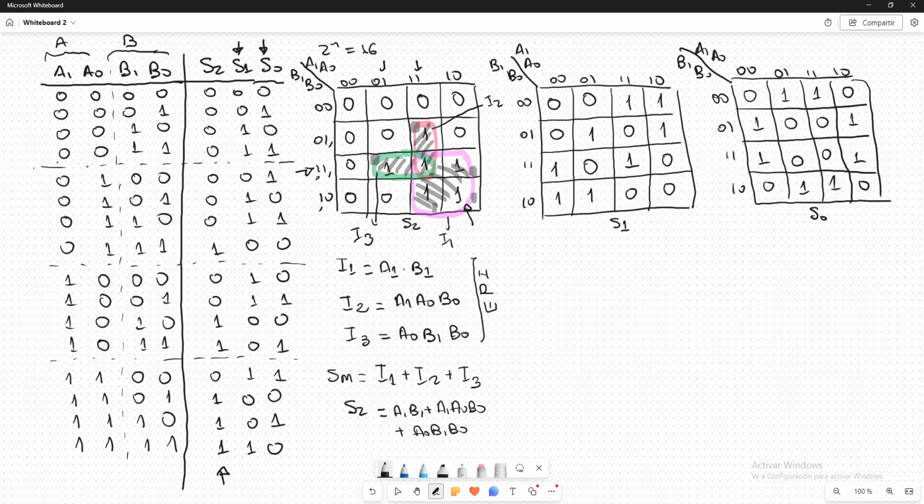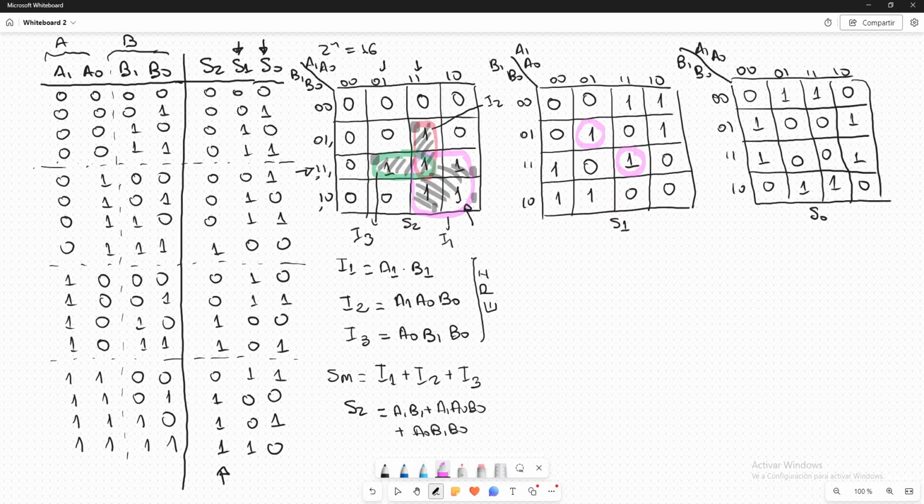Now we are going to solve the second Karnaugh map. This is more complicated because we have a more complex distribution of the ones. So we have to identify all the prime implicants. Again, here we have 2 prime implicants because we cannot group these ones with more ones. So even if it's a really small prime implicant, it's a prime implicant.